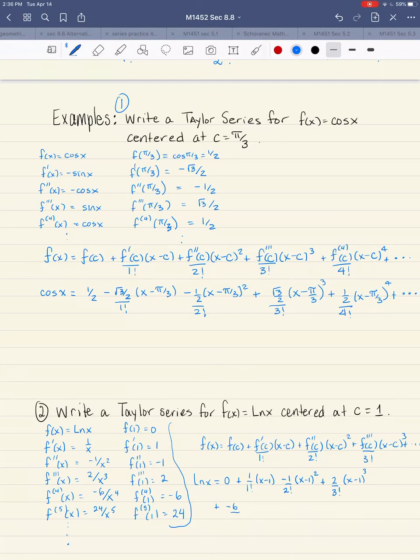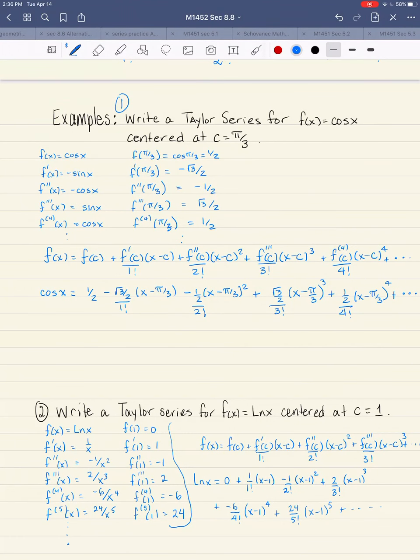Okay, and the fourth derivative would be a negative 6, then here I'd have a 4 factorial and (x minus 1) to the 4th. Then we're going to have 24 over 5 factorial times (x minus 1) to the 5th, and so on.